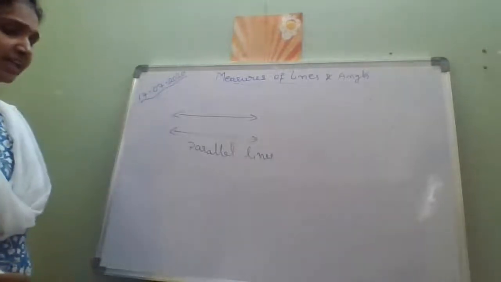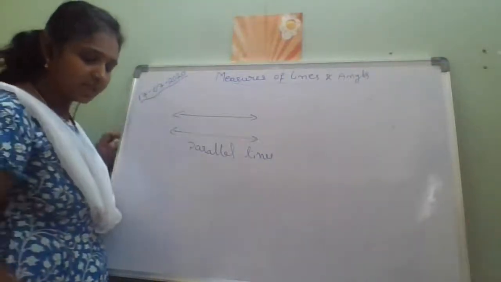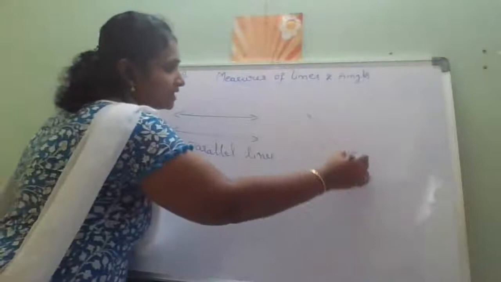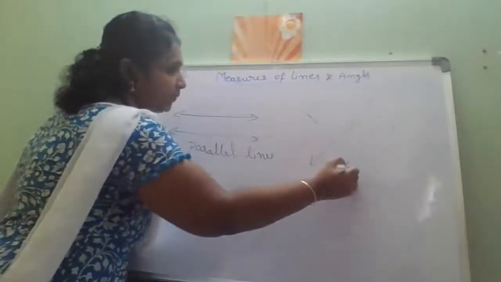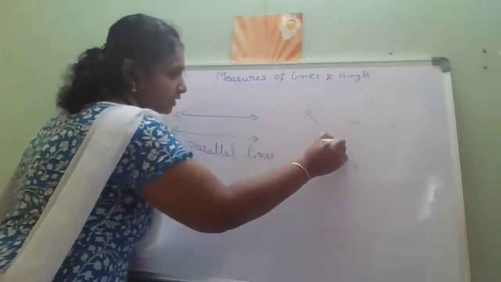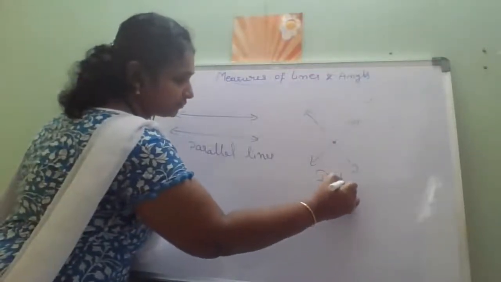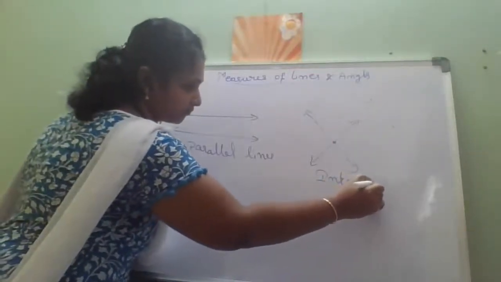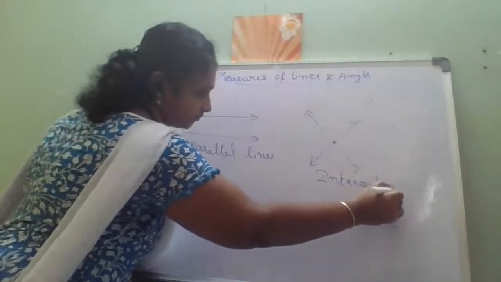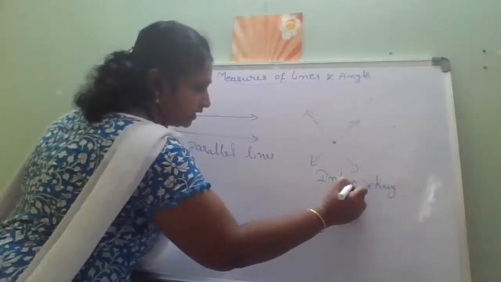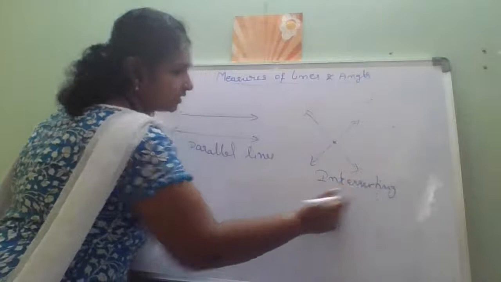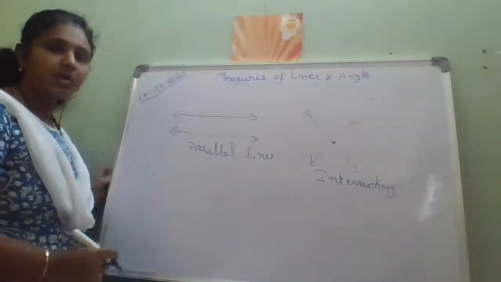Next, intersecting lines means two lines intersect at any point. This point is called the intersection, and these are intersecting lines. Okay.